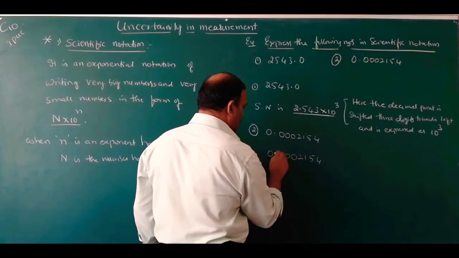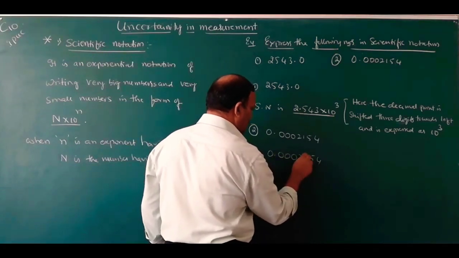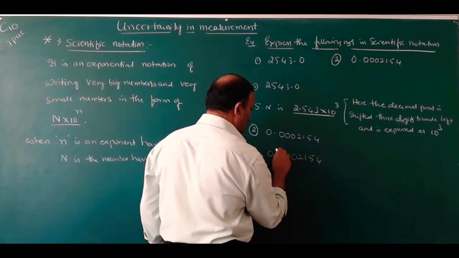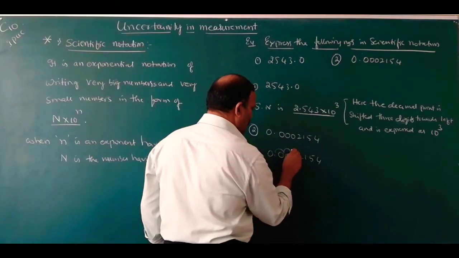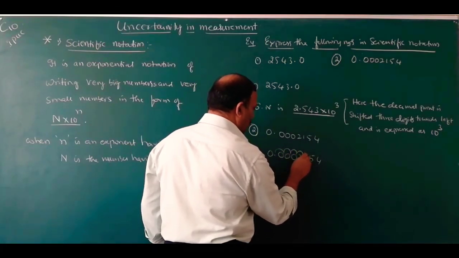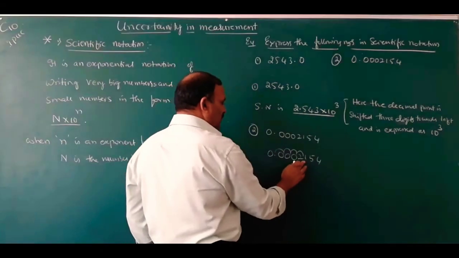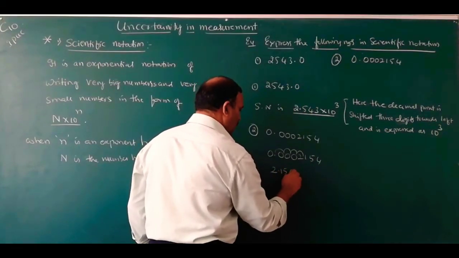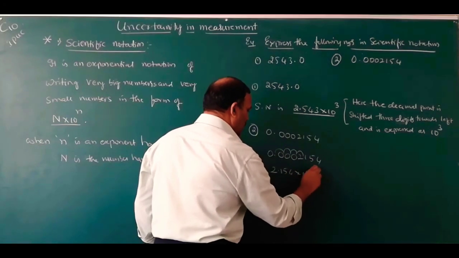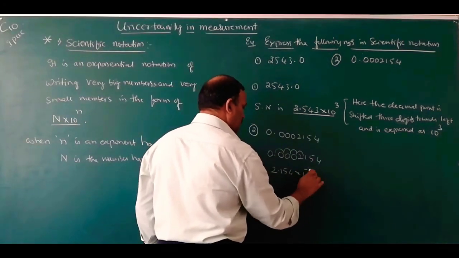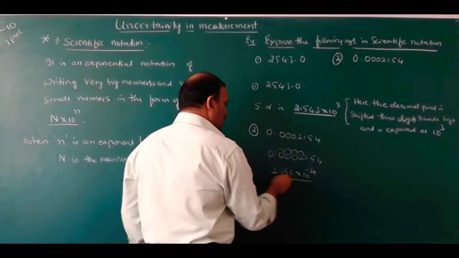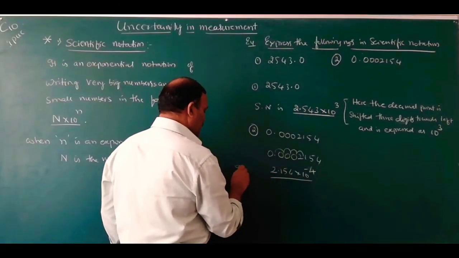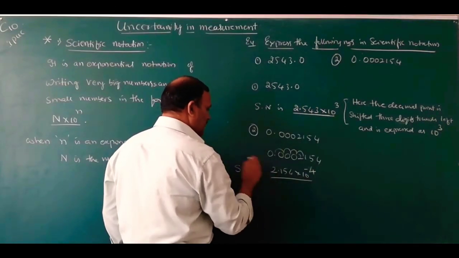How many digits is that to shift? 1, 2, 3, 4. So 4 digits it has to shift, therefore it should be 2.154 into 10 to the power of minus 4.